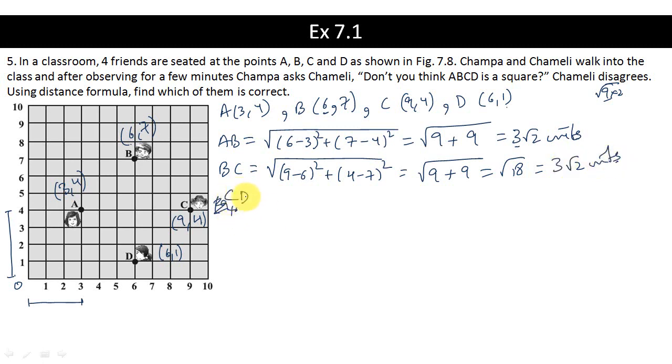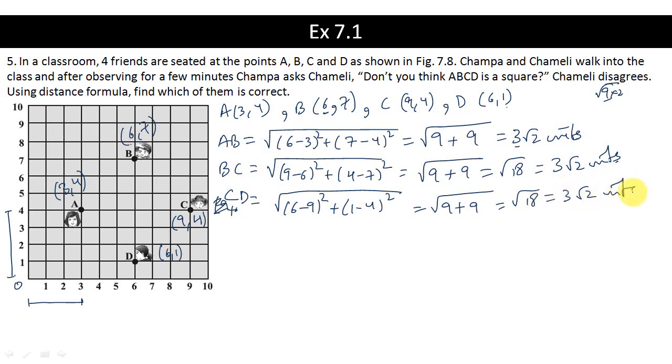Now CD, this will be under root of x2 minus x1, 6 minus 9 square plus 1 minus 4 square, which is under root of minus 3 square, which is 9, minus 3 square, which is again 9, under root of 18, which is again 3 root 2 units.